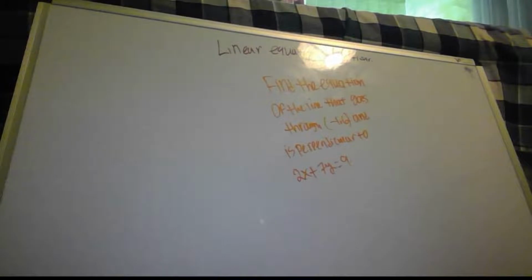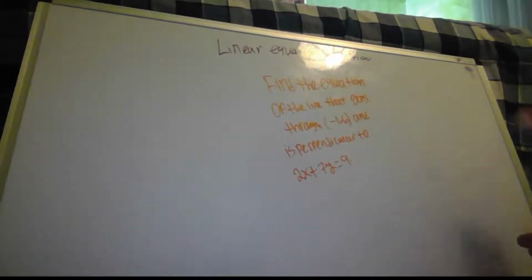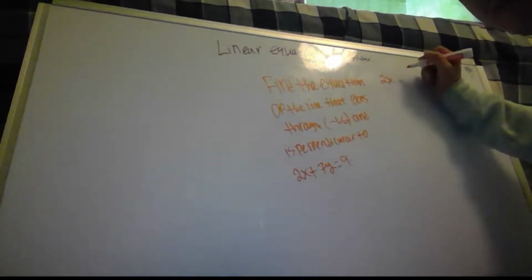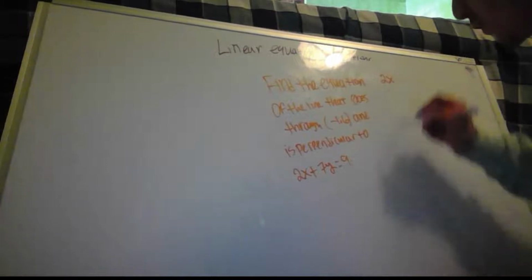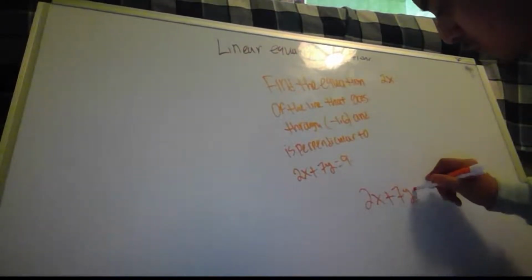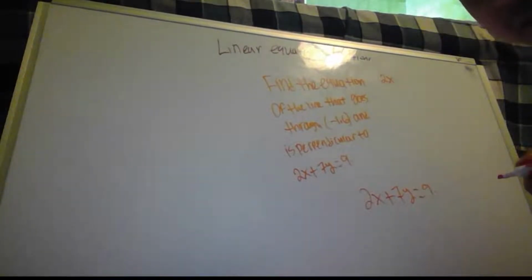So we can go ahead and do this one. The first step that I'm gonna do is I'm gonna look at 2x, right? I'm gonna look at 2x plus 7y equals 9.